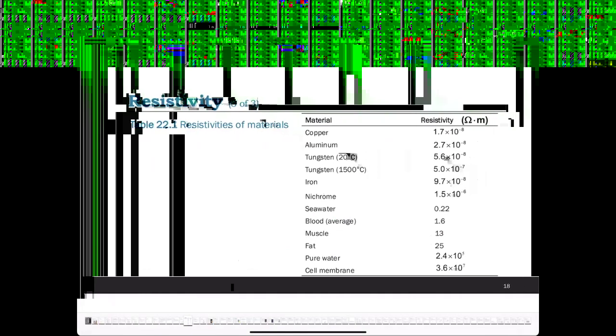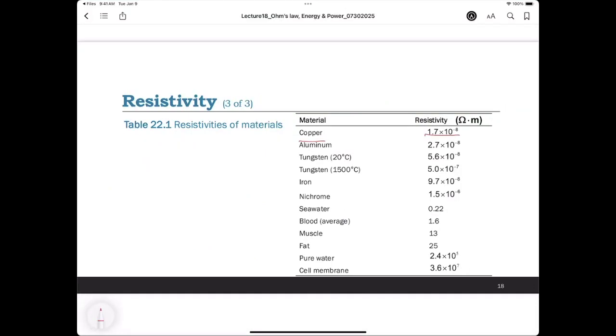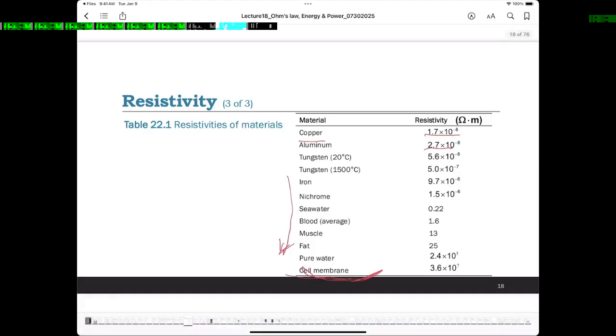You can see that for copper the resistivity is small, and there is aluminum, and other common things we usually meet. When you solve some problems, you may need these resistivity values, so you can check this box.